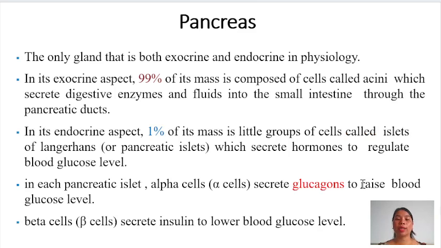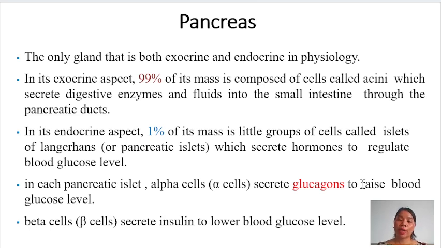The next organ is the pancreas. The only gland that is both exocrine and endocrine in physiology is the pancreas, where it releases both hormones and also digestive secretions.